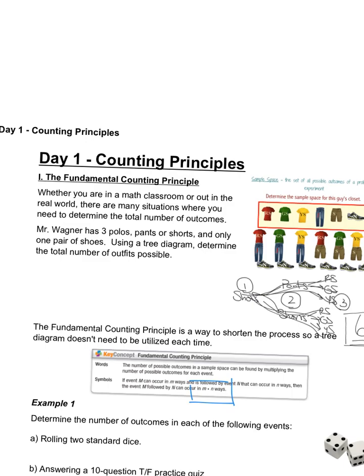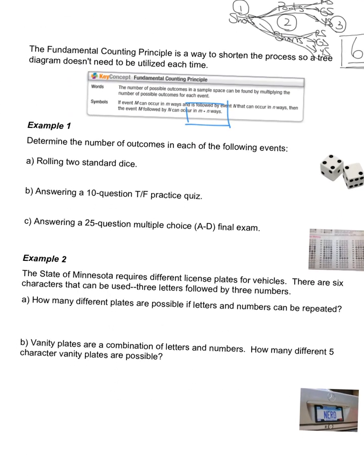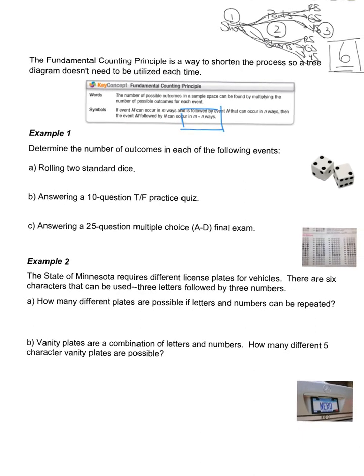So we're going to kind of go down here looking at some different situations. So if we roll two standard dice, hopefully you guys know on a standard dice there are 6 outcomes on each dice. So if there's 6 outcomes on the first die and 6 outcomes on the second die, to get the total number of outcomes when we roll 2 dice, we multiply those events together.